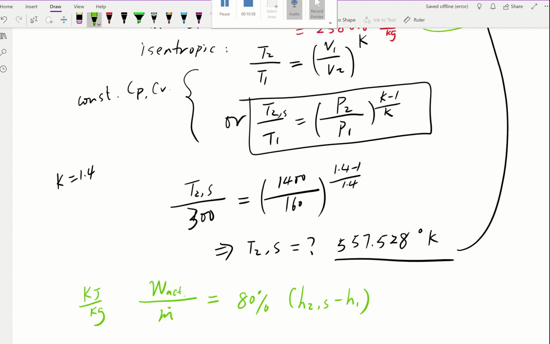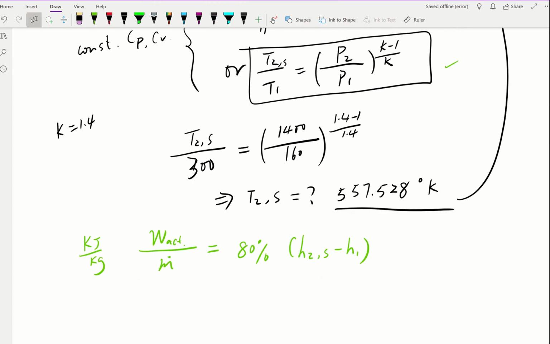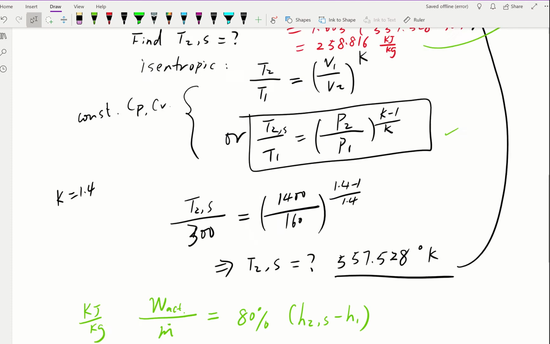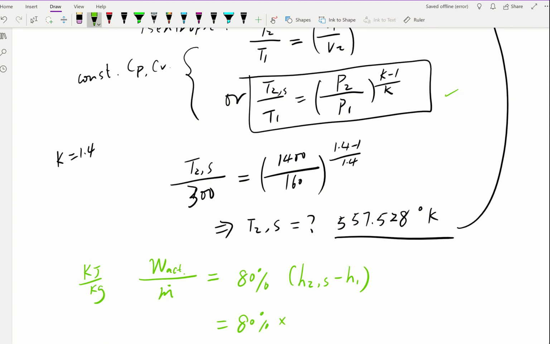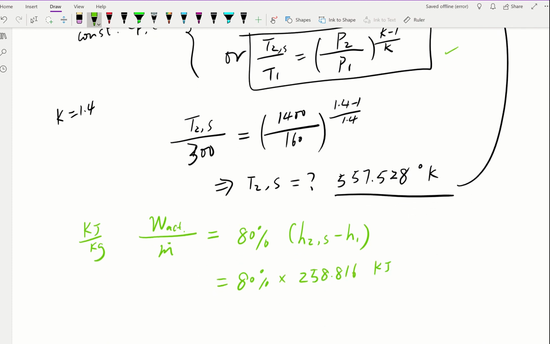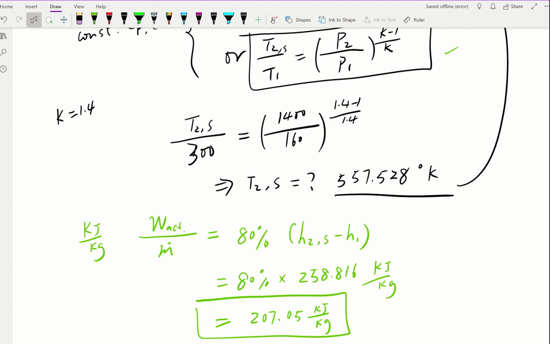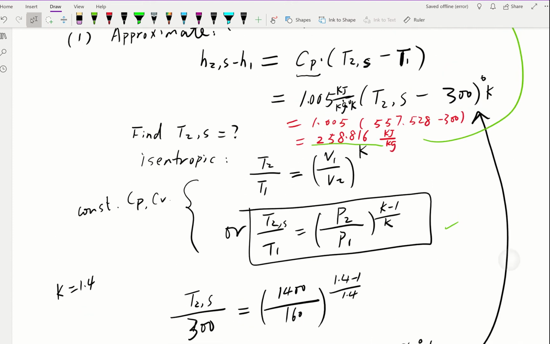And then we're also using the isentropic equation here for ideal gas. Now knowing that, it's 80% times my value here, which is 258.816 kilojoule per kilogram. Then we have our answer for this problem times 0.8. I have 207.05 kilojoule per kilogram. Okay, so that's the first method, assuming it is an isentropic process.